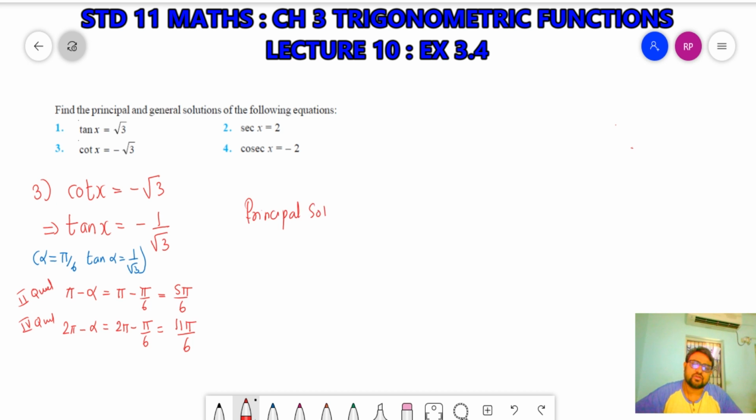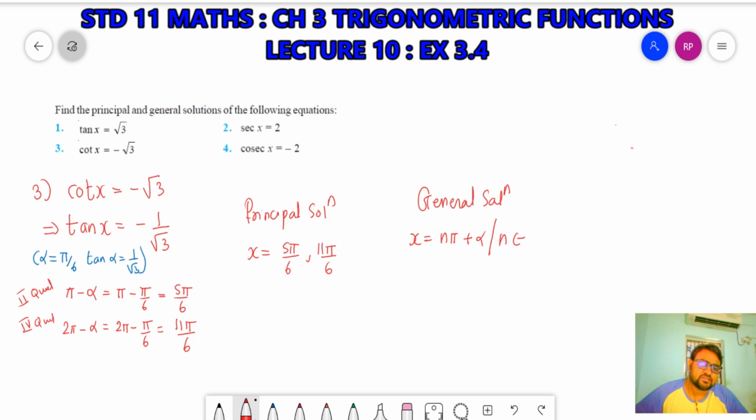The principal solution here is x equal to 5 pi by 6 and 11 pi by 6. Clear? For the general solution for tan, we use x equal to n pi plus alpha, such that n belongs to Z. So here it will be x equal to n pi plus 5 pi by 6.